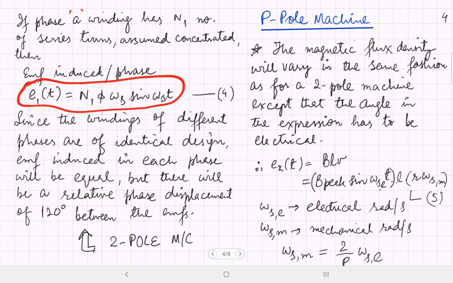So all this we have discussed for a two-pole machine, and let's see what is the change that has to be made for a P-pole machine.